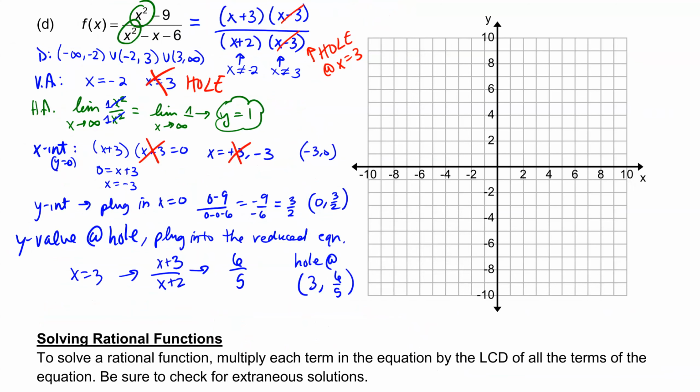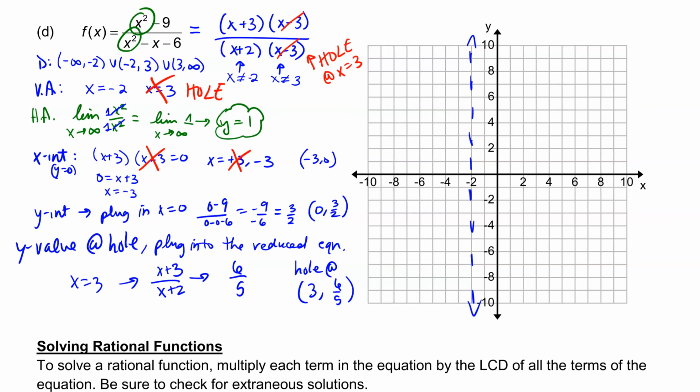There's a lot of information we just found, and that's really all we need to graph it. So first, vertical asymptote at -2. How you got 6? Well, plug 3 into the reduced equation. This is what we're left with after I cancel out the x minus 3 term. So if you plug in 3 here, 3 plus 3 is 6, 3 plus 2 is 5.